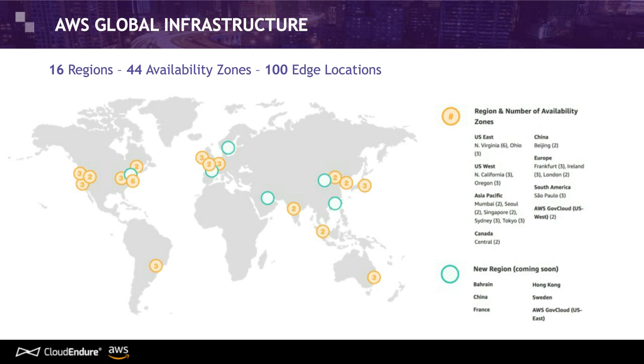These availability zones offer you the ability to operate production applications and databases which are more highly available, fault-tolerant, and scalable than would be possible from a single data center. The AWS Cloud currently operates 44 availability zones within 16 geographic regions around the world, and we're continuing to expand with new regions and AZs coming online. We also currently have 100 edge locations, which are part of Amazon CloudFront, our content distribution network.